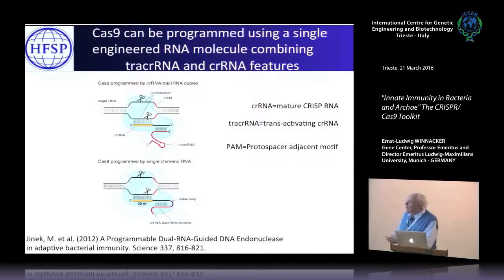They are linked together here by a short linker, it's only 6 nucleotides or so. And so instead of 3 components, you have only 2 components. And that makes all the difference. And this is it. This is CRISPR-Cas9. And that made it possible to use it in every potential system which you can think of.